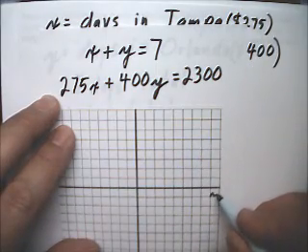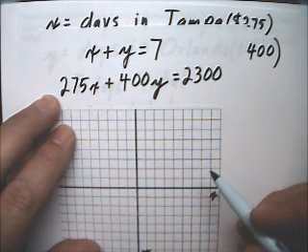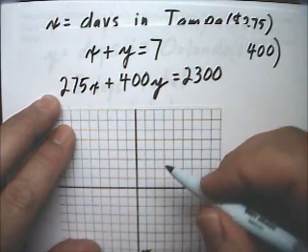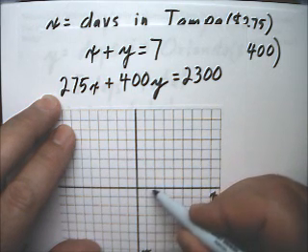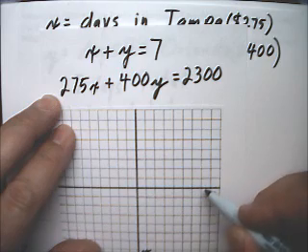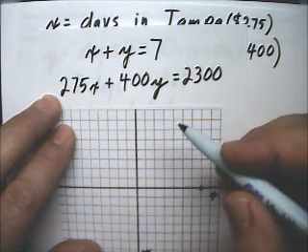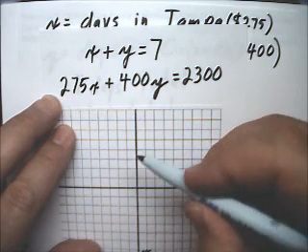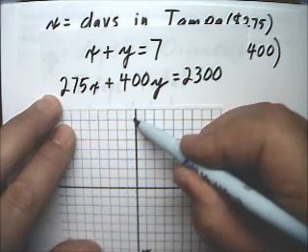So let's see. x plus y equals 7. Okay, x could be 7 and y could be 0. 1, 2, 3, 4, 5, 6, 7. Or y could be 7 and x could be 0. 1, 2, 3, 4, 5, 6.